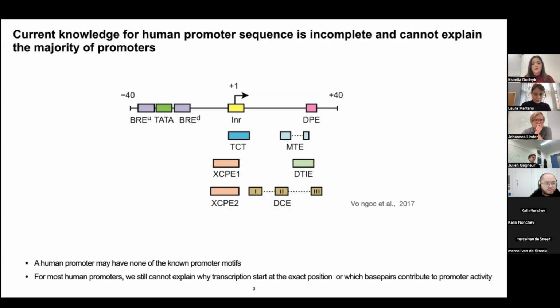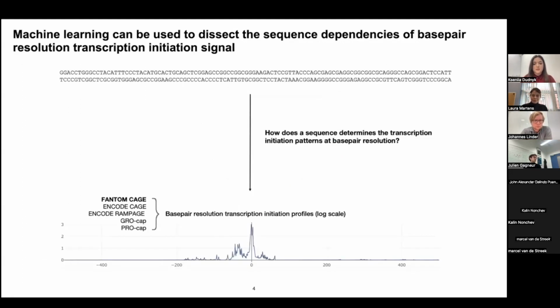We also don't know what the rules between those motifs are, how they all work. Because in our lab we use deep learning and machine learning, we decided we can formulate this problem as a machine learning problem and study it.